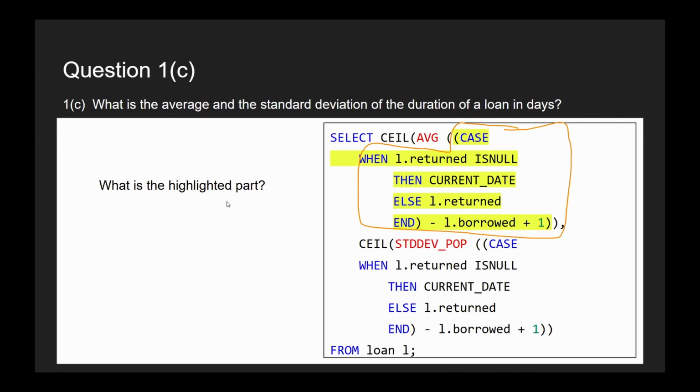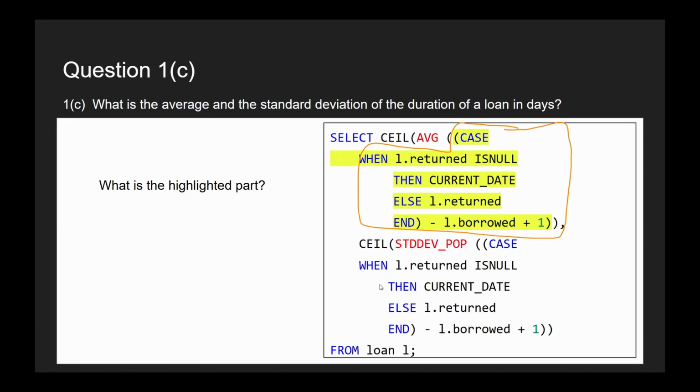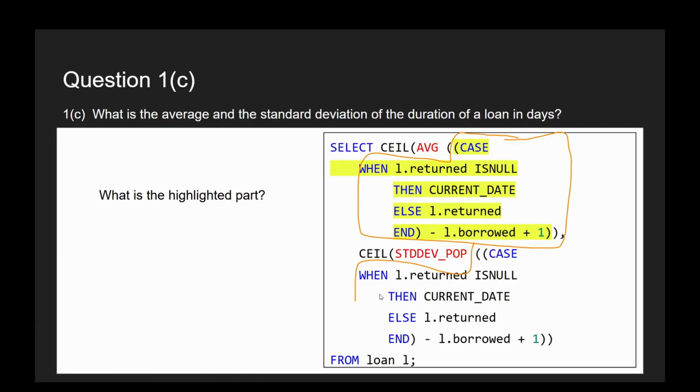This thing is actually our duration from tutorial 2, question 1C. So instead of listing it out separately, let's take a look. We are repeating this. So we have one here, and we have another here. But essentially, they're both the same.